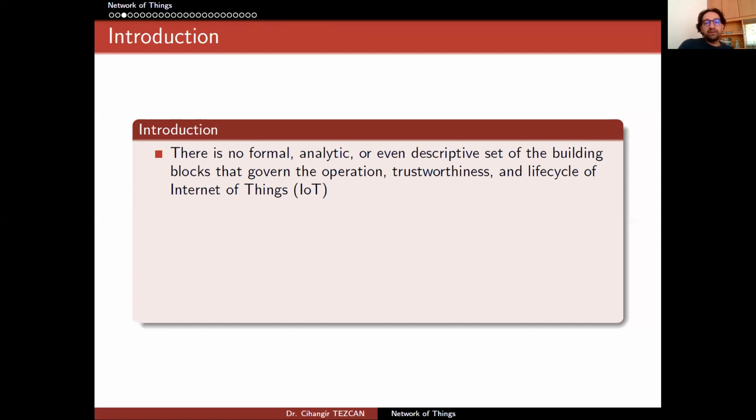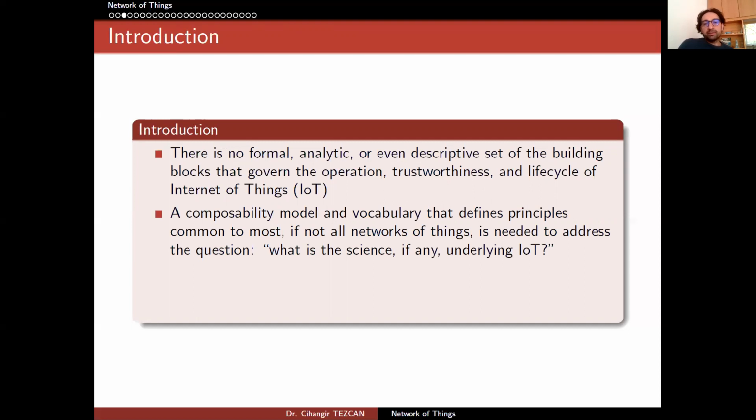Everybody has a different definition of Internet of Things. This is why I'm using this NIST document to agree on some definitions and expectations and so on. A composability model and vocabulary that defines principles common to most, if not all, networks of things, is needed to address the question, what is the science, if any, underlying IoT?